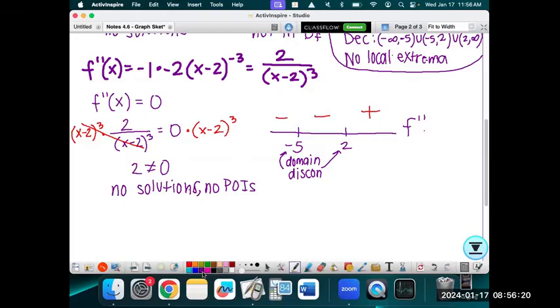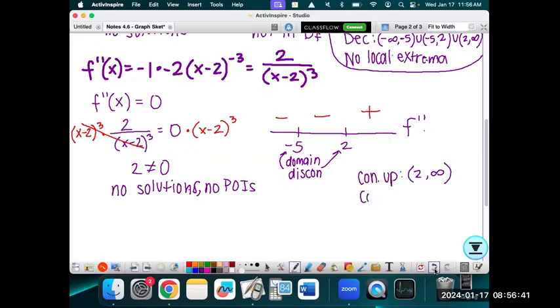All right, so let's write our concave up and concave down intervals. Our function is concave up where the second derivative is positive, which would be from 2 to infinity.